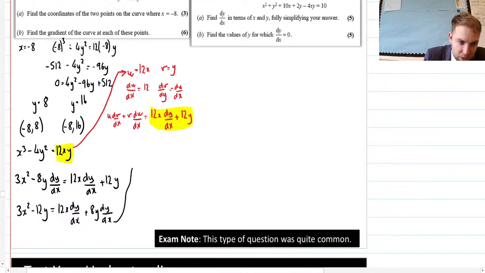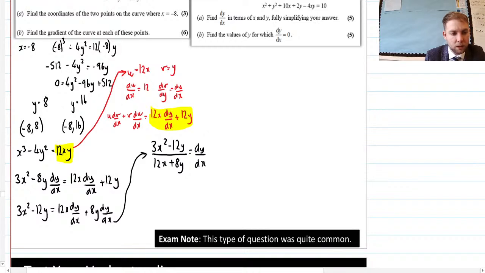Now I'm going to take dy by dx out as a common factor and then divide by it. I'm going to do that all in one now. So 3x squared minus 12y all over 12x plus 8y is equal to dy by dx. So now I need to sub in both of those values, which is annoying.